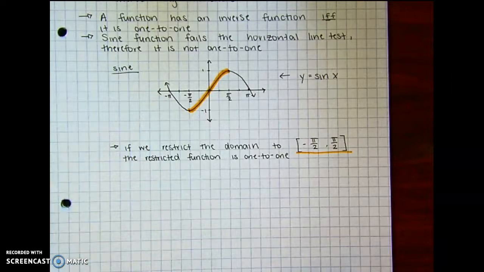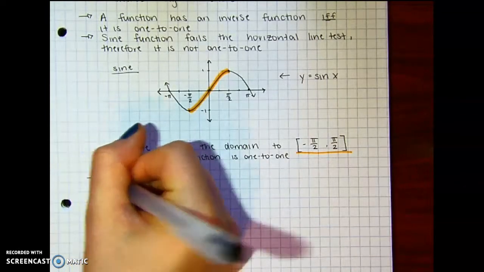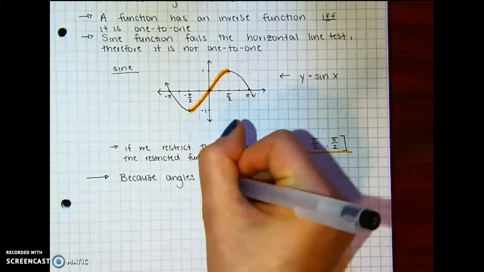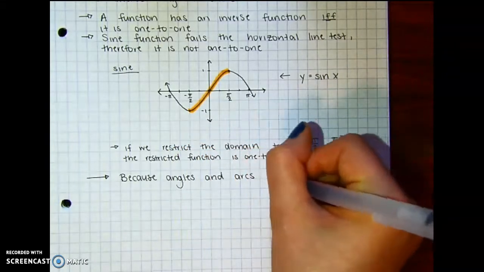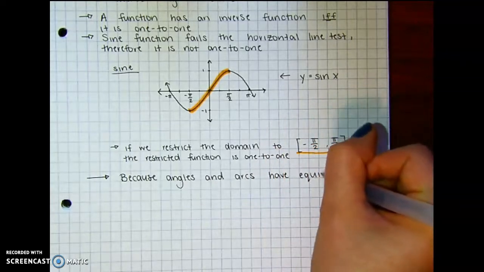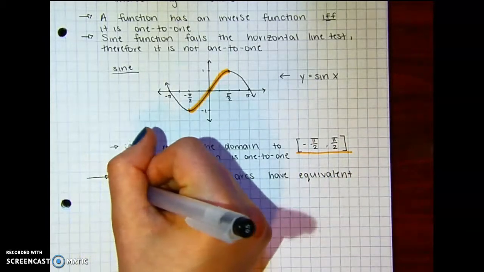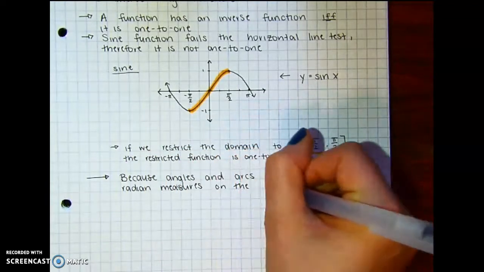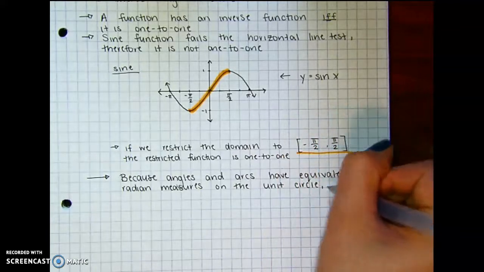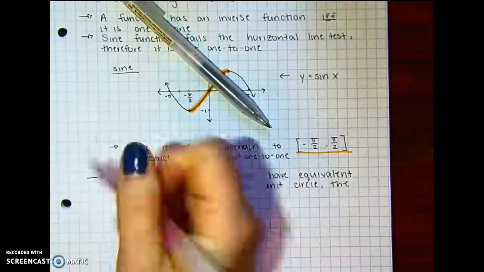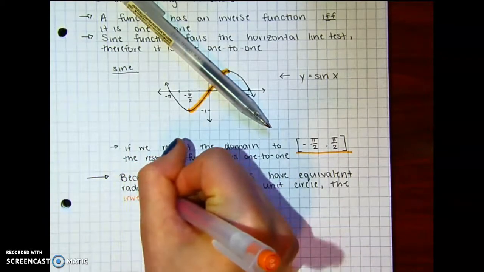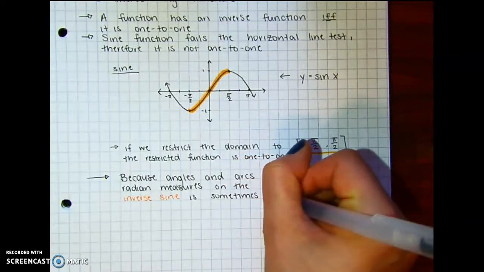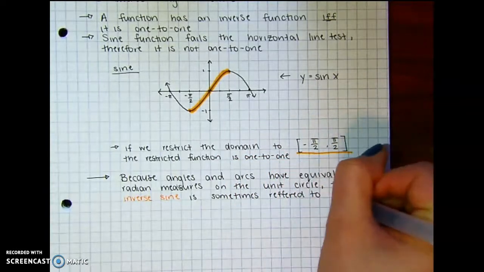Okay, so the last thing I want us to take note of before we do some examples is, because angles and arcs have equivalent radian measures on the unit circle, the inverse sine is sometimes referred to as arc sine.